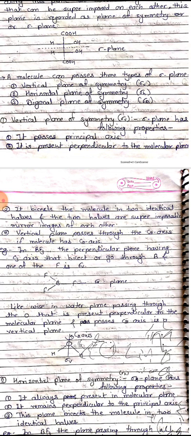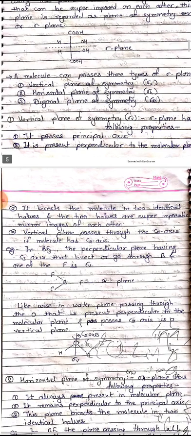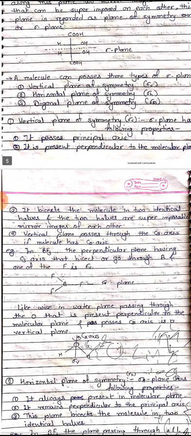Then the plane should contain the C3 axis, and only then will the plane be regarded as a vertical plane of symmetry. Third, it bisects the molecule into two identical halves. The two halves are superimposable mirror images of each other.